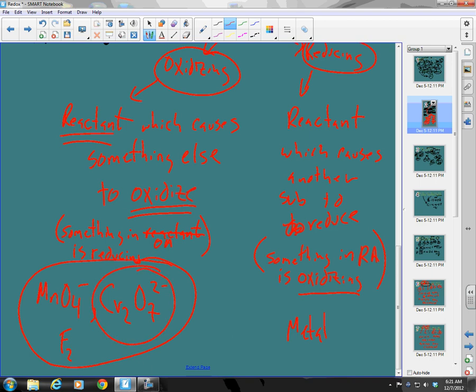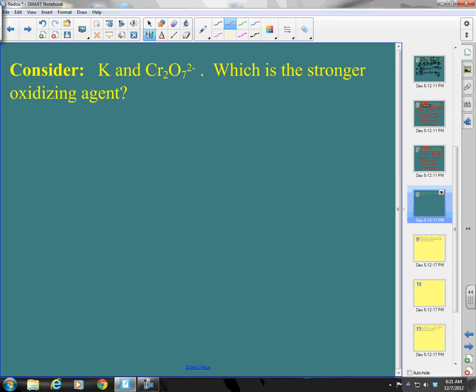Dichromate is an important oxidizing agent. So you just memorize that. We come back here. Which of these is an oxidizing agent? Dichromate is the stronger oxidizing agent, and potassium really is a what? Reducing agent.